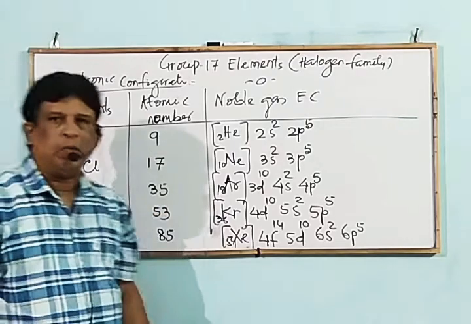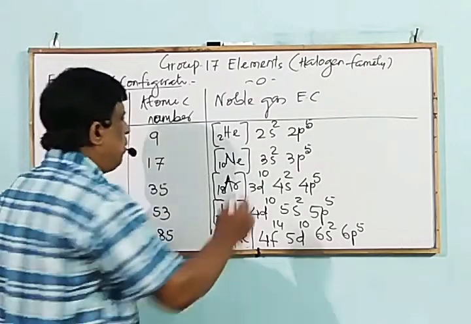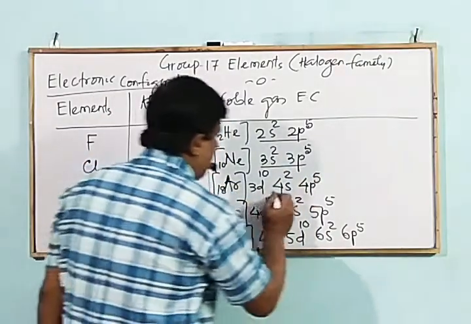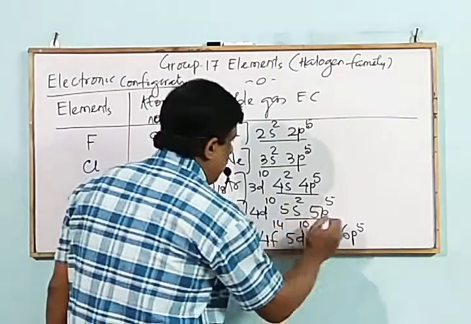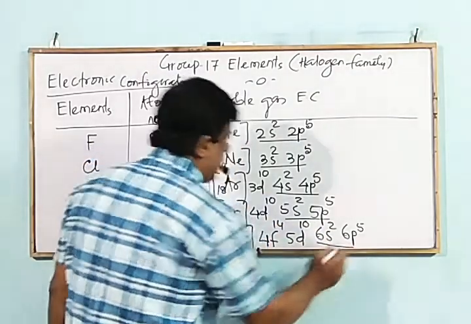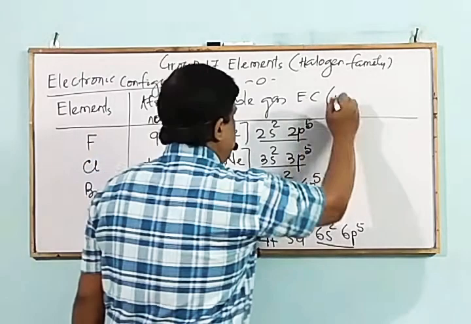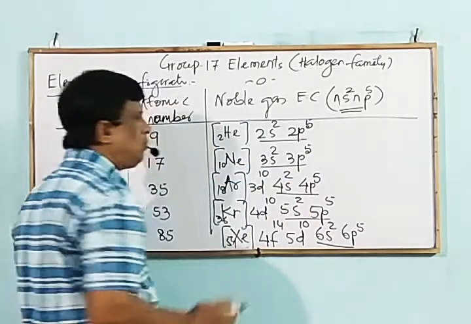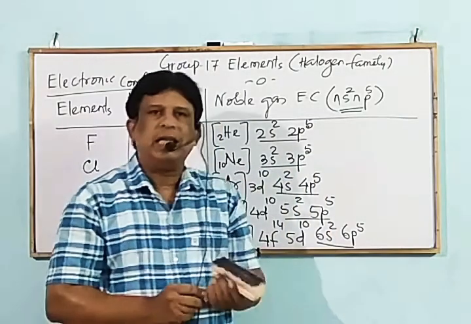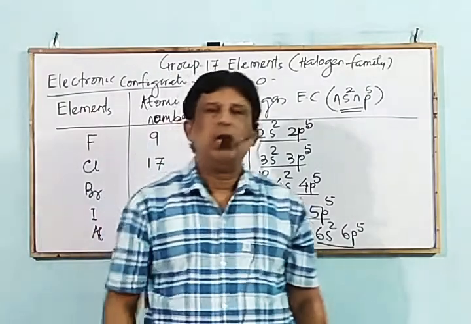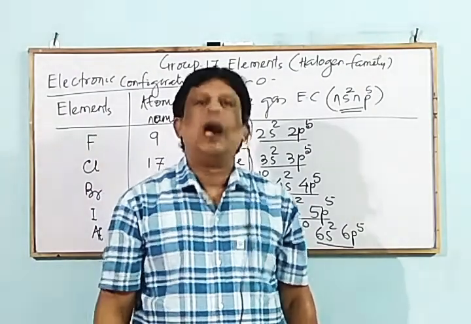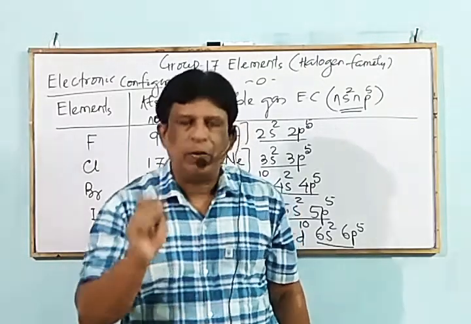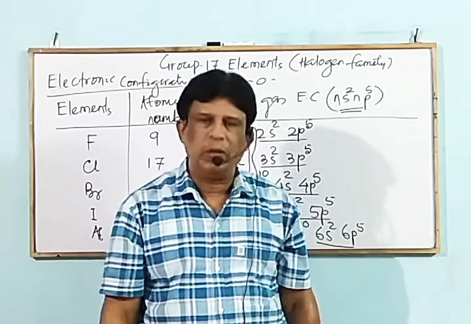From this electronic configuration, it is clear that the valence shells, that is 2s2, 2p5, 3s2, 3p5, 4s2, 4p5, 5s2, 5p5, 6s2, 6p5, have the common ns2, np5. That means all of them have a tendency to accept one electron in order to obtain the noble gas configuration.